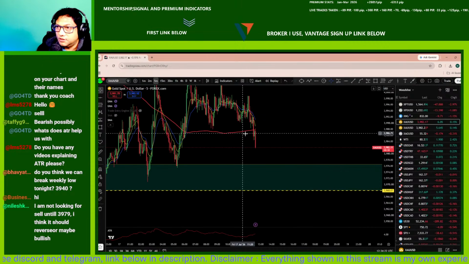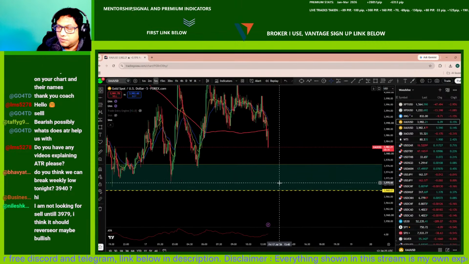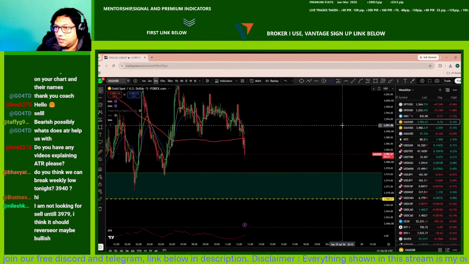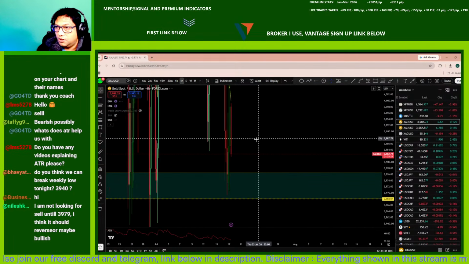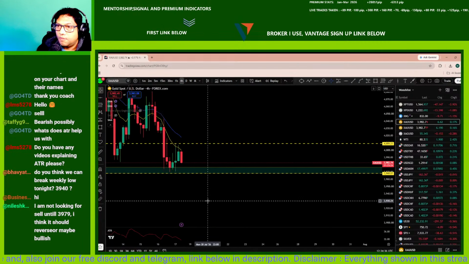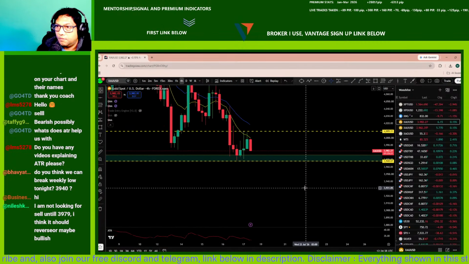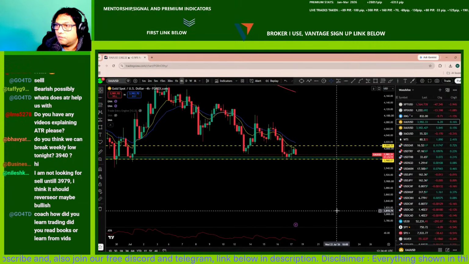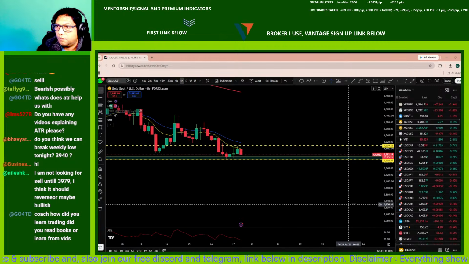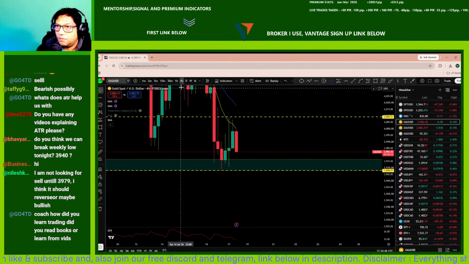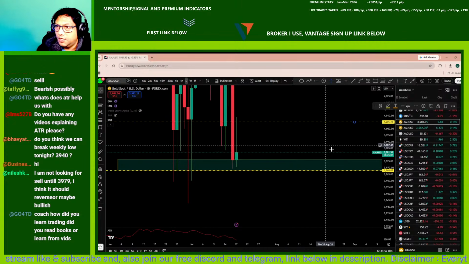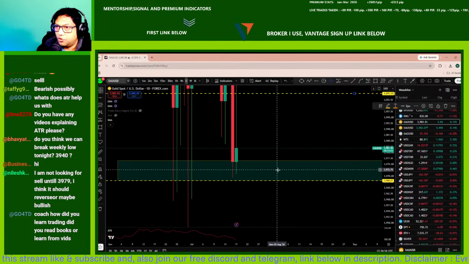So what has been shown is that from this resistance level, the market has reacted back below, and with this movement, the market is almost coming to the daily support area, right?